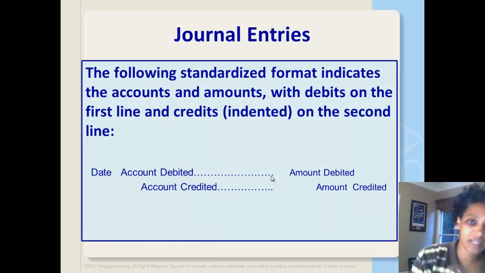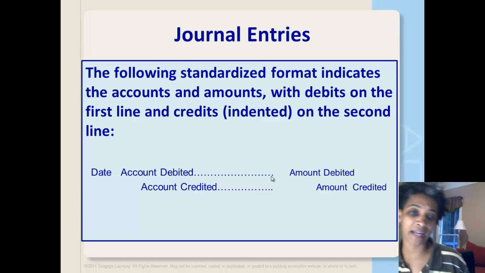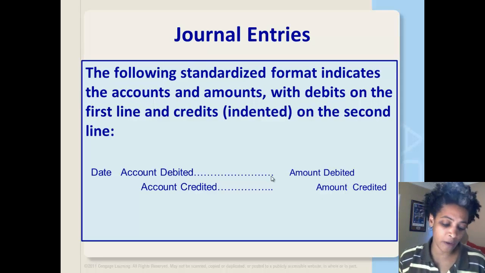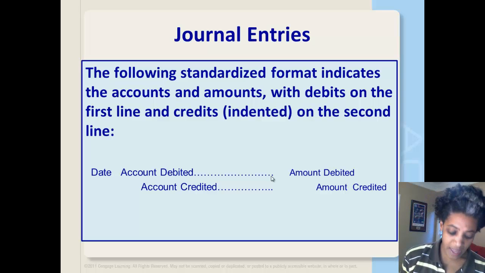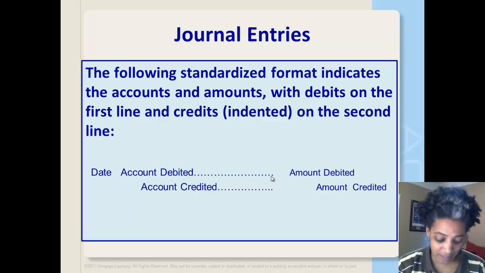So one last thing on all of these mechanics is that when you're putting together a journal entry, you're going to use this format. At the far left of the journal is a column for the transaction date. To the right of the date is a column to record the names of the accounts affected by the transaction and an explanation.